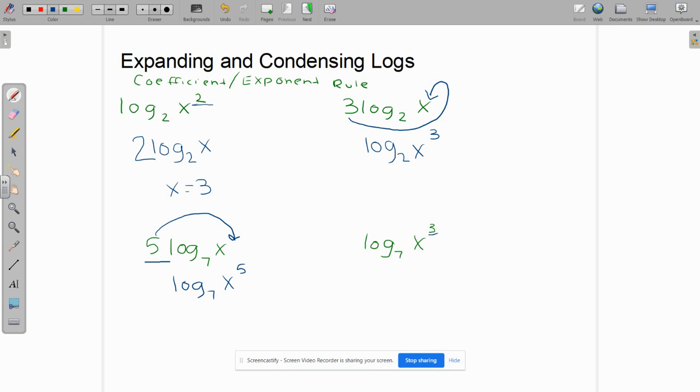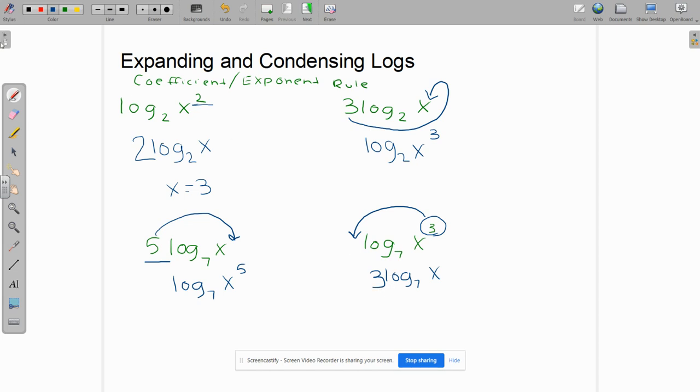Here I see this exponent of 3. I'm going to keep my log base 7 the same because that remains constant, and I'm going to keep my x. But since this x is to the 3rd power, that will actually be my coefficient.